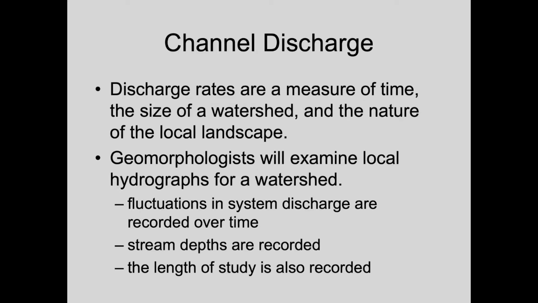The next piece of the puzzle when we're taking a look at the hydrological nature, in this case of a local landscape, is to estimate channel discharge. And again, this is an estimate of water that is moving through multiple sections of a given watershed.